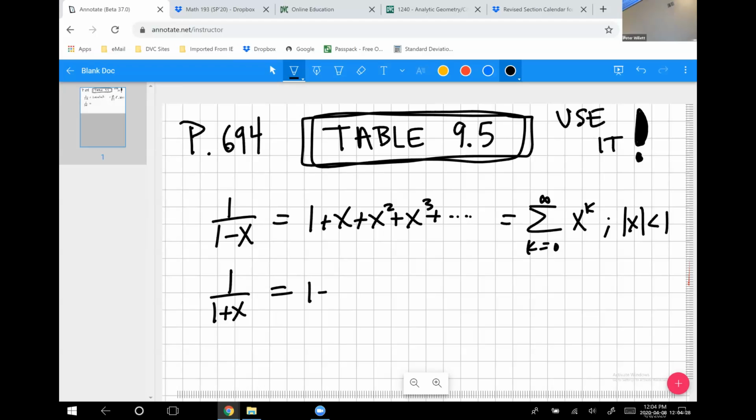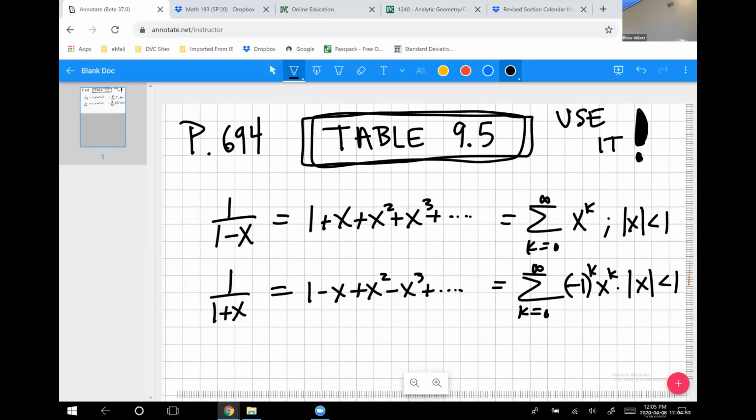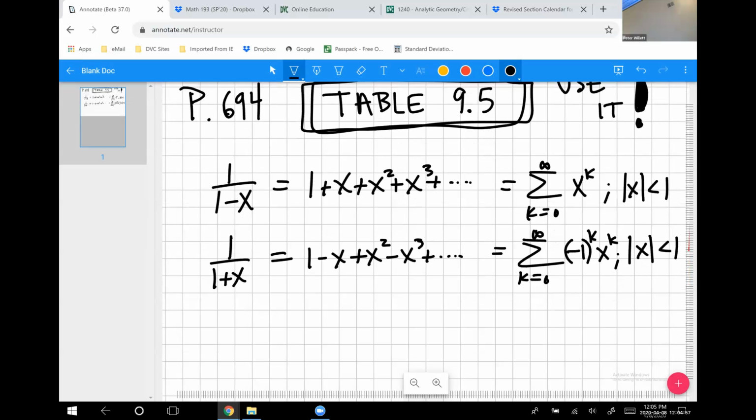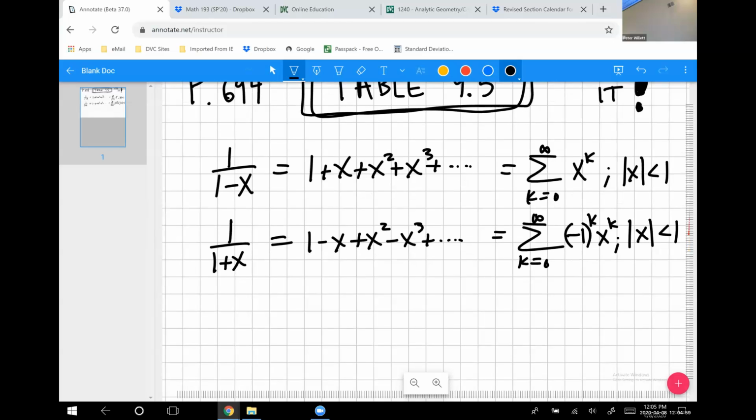So then I would get 1 minus x plus x squared minus x cubed plus, etc. And this could be written as a summation as k goes from 0 to infinity, where I throw in the negative 1 to the k times x to the k. And this would still work when the absolute value of x is less than 1, because we just substituted in. That was using the composition rule in that theorem back there. You can plug in a function for x.